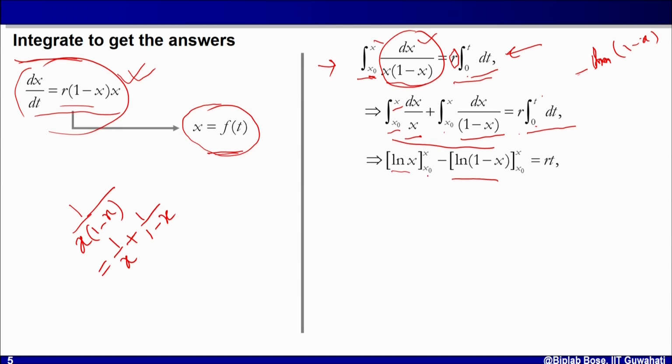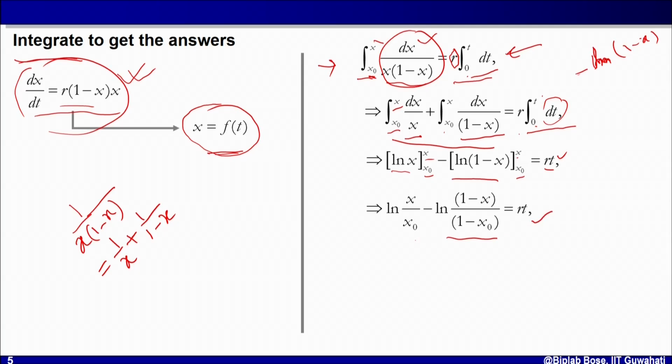Both of them we integrate from x naught to x, and integrating dt, I get time t, so it is rt. If we move further, we can rearrange this and we get ln of x by x naught minus ln of (1 minus x) by (1 minus x naught) is equal to rt.